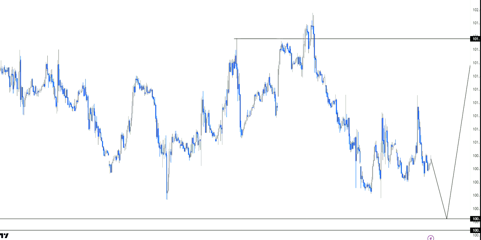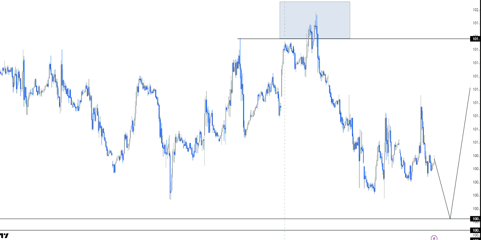This is what we call engineering liquidity. This one here above is what we call engineering liquidity, and the price engineered is this one here.